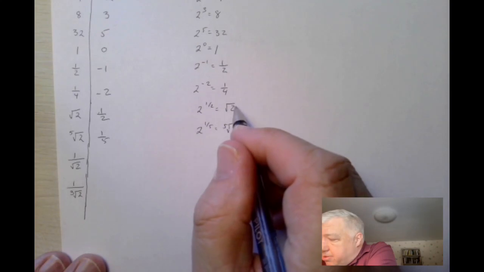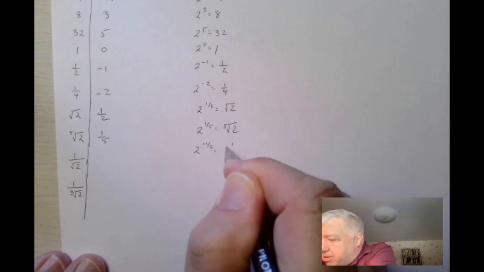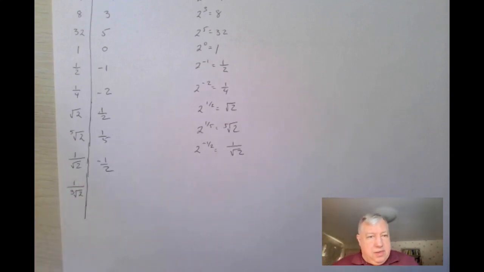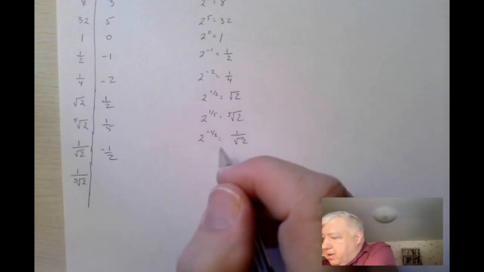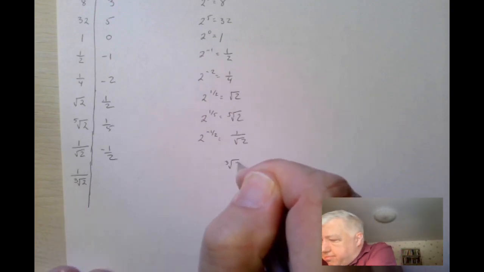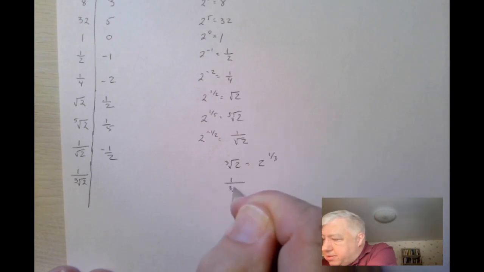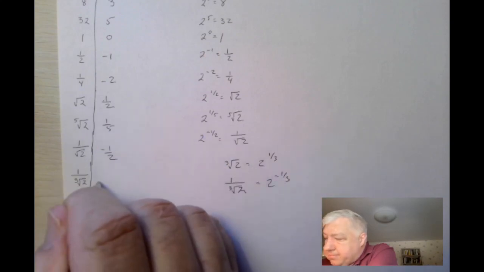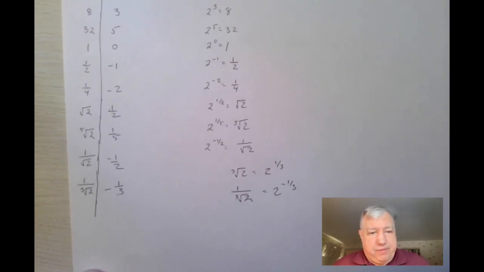So we take the reciprocal of both sides. We'll have 2 to the minus 1/2 equals 1 over square root 2. So this is -1/2. And this is 1 over the cube root of 2. We know that the cube root of 2 is 2 to the 1/3. So 1 over this is 2 to the -1/3. So this would be -1/3, right?